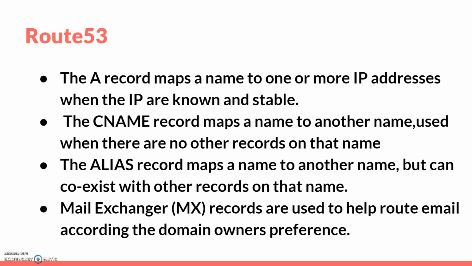So that should be a unique CNAME. Alias is again mapping name to name, but you can create multiple aliases also. Mail exchange is known for mail server configuration, where you use any server services, and you can redirect your server configuration using MX record creation.